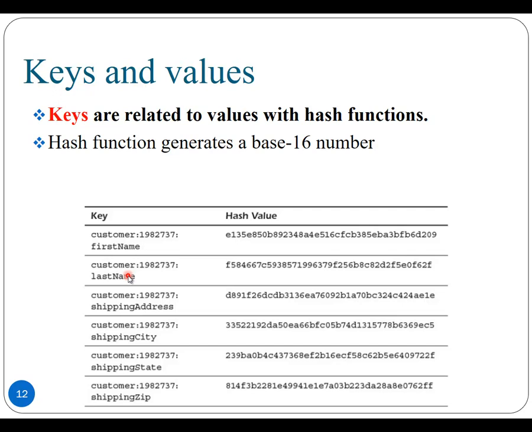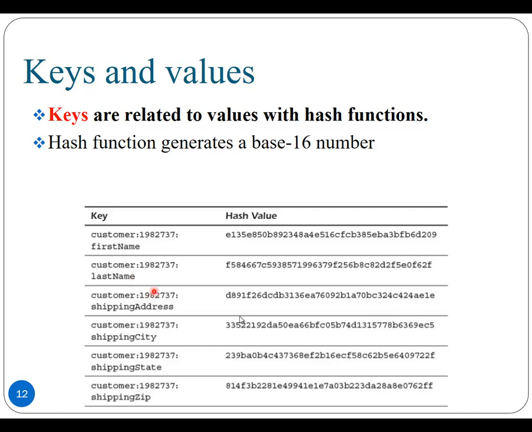Here we use the hash function. We give the key as an input to the hash function, and the hash function gives an output. The output is the address where we put the value.